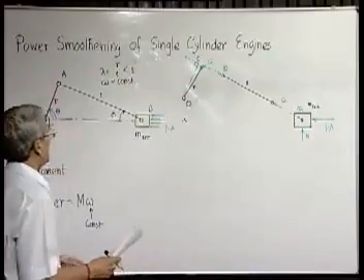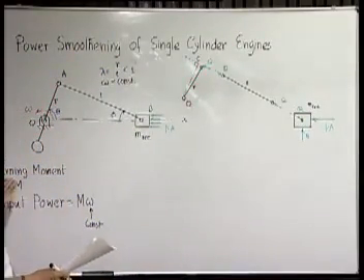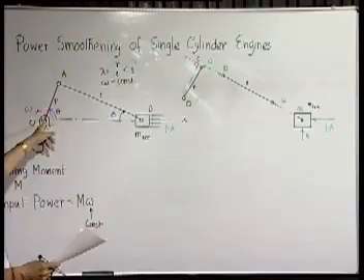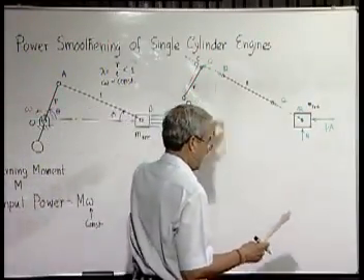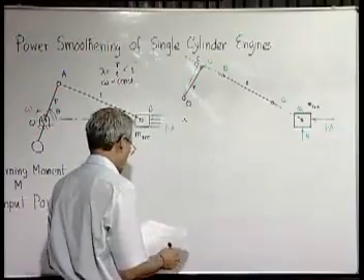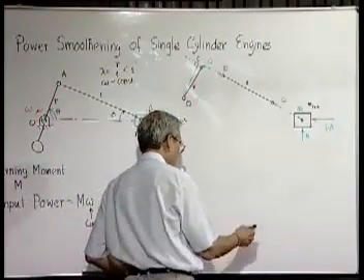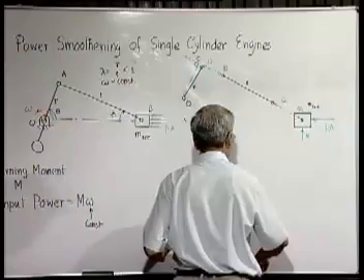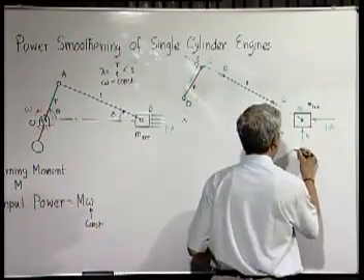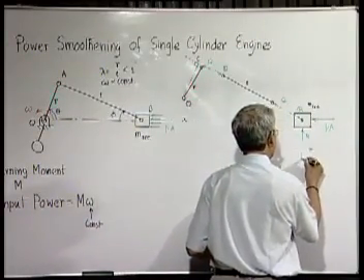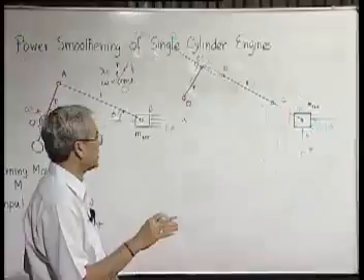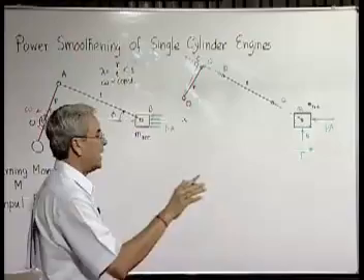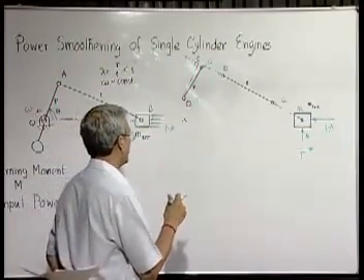As our objective is to find out the turning moment M acting on the crank pin, let us find out first Q. Now the resultant force on this will be in this direction, which is F. It has to be in this direction because the piston can accelerate only along the x direction.